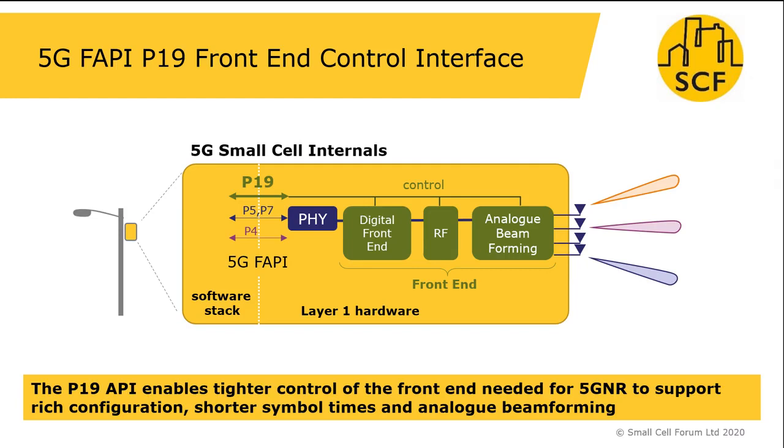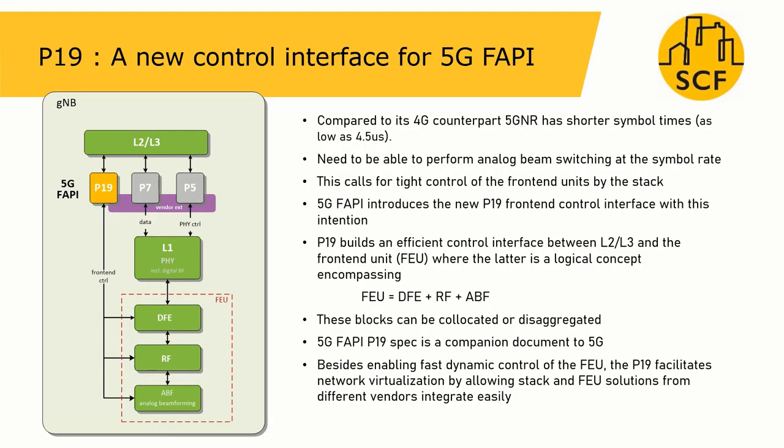Before moving into a detailed overview, it is important to note that the scope of P19 is limited to the control path. In other words, P19 does not mandate protocols or interface standards for the data flow between the DFE, RF, or the PHY. I'd like to use this picture to explain the role of P19 in a high-level gNB diagram.